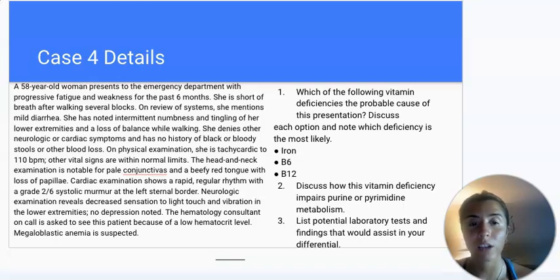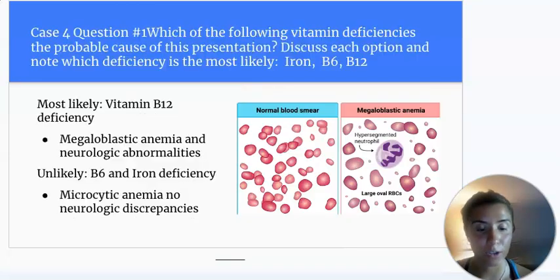Neurologic examination reveals decreased sensation to light touch and vibration in the lower extremities. No depression noted. The hematology consultant on call is asked to see the patient because of a low hematocrit level. Megaloblastic anemia is suspected. Now that we covered the details of the case, we can go into answering our first question.